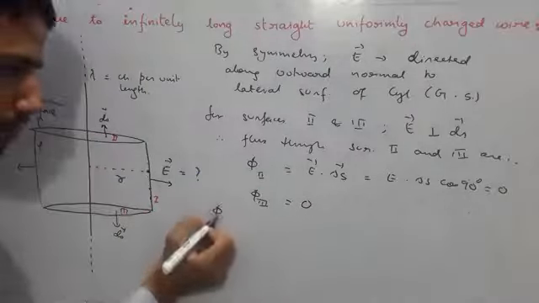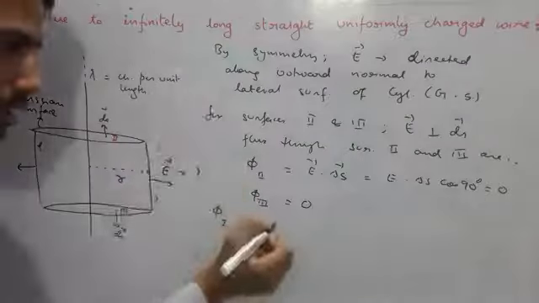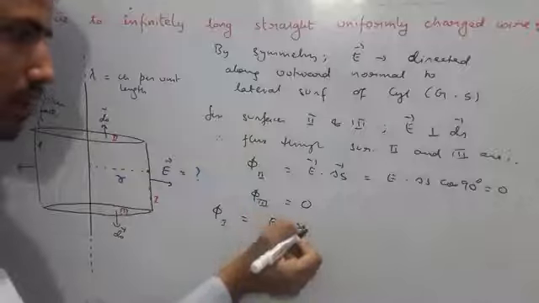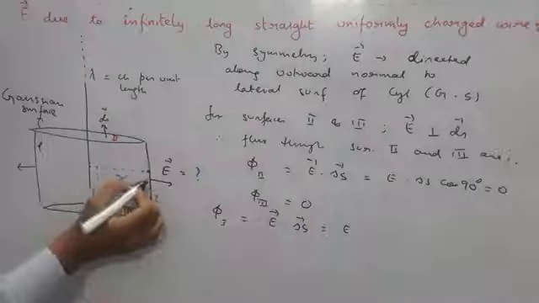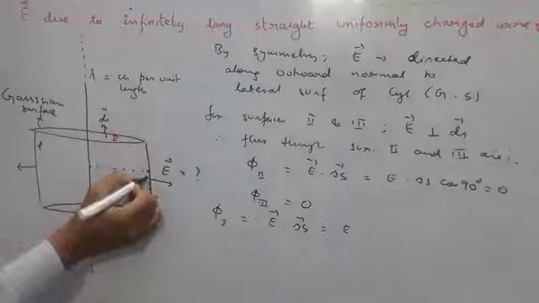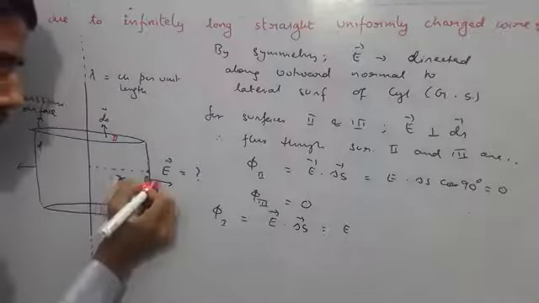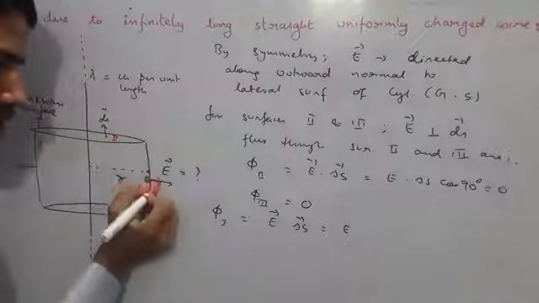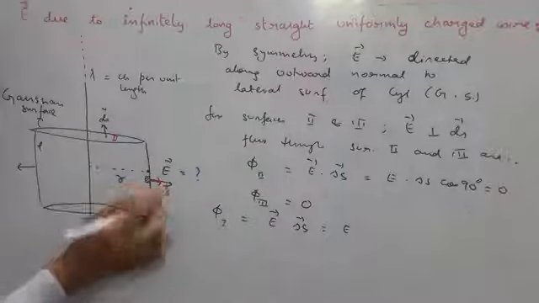So phi 1, the flux through this curved surface of the cylinder, will be the integral of E dot delta S vector. Now as we can see, any element if you choose, suppose I choose this element, then the area will be directed along the outward normal. This is the direction, this is also the direction of the dS vector.